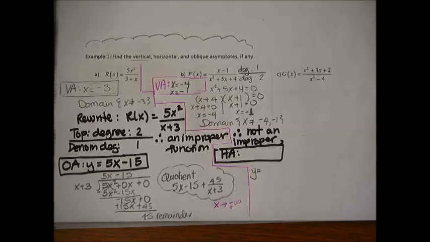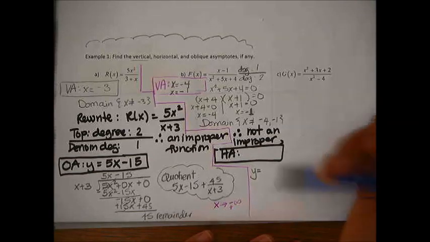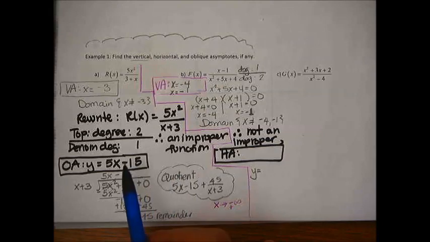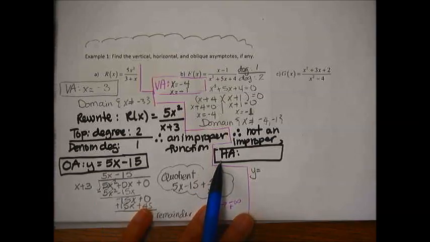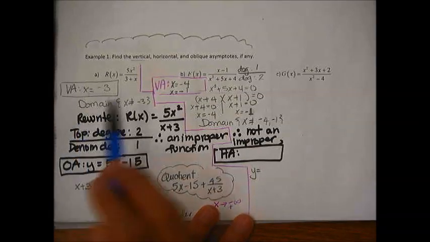I'm out of lead. So give me a second to find another pencil. Okay, so horizontal asymptotes are lines, vertical asymptotes are lines, oblique asymptotes, they're all lines. So make sure you have a y equals with oblique or horizontal and x equals for VA.